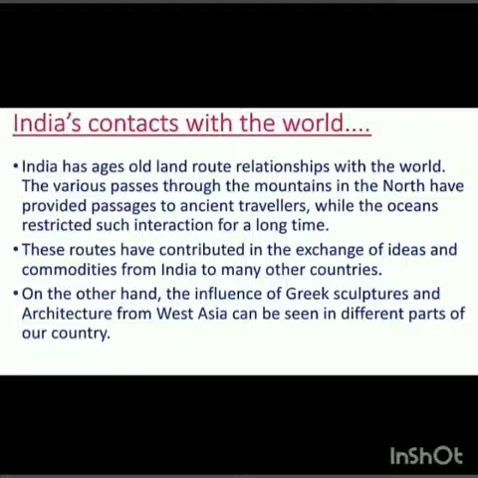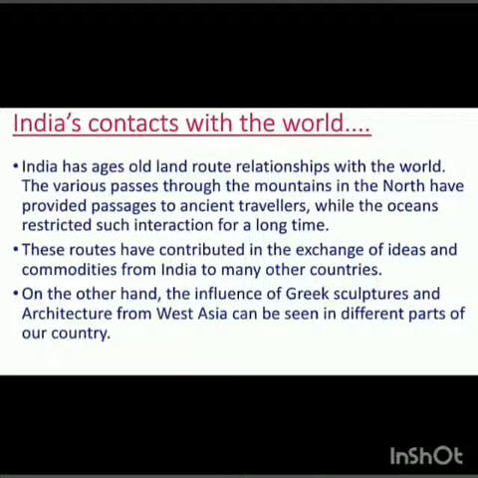These routes have contributed to the exchange of ideas and commodities from India to many other countries. The ideas like those of Upanishads, the Ramayana, the stories of Panchatantra, similarly the Indian numeral system, the decimal system, could reach many parts of the world through these routes. The commodities like spices, muslin, merchandise were taken from India to different countries of the world.